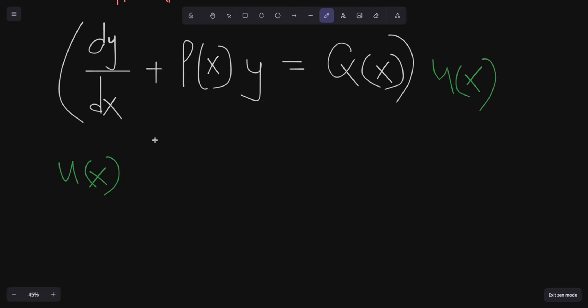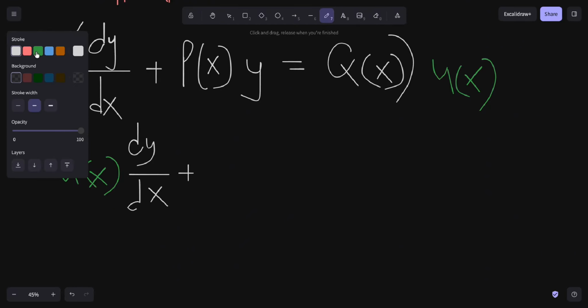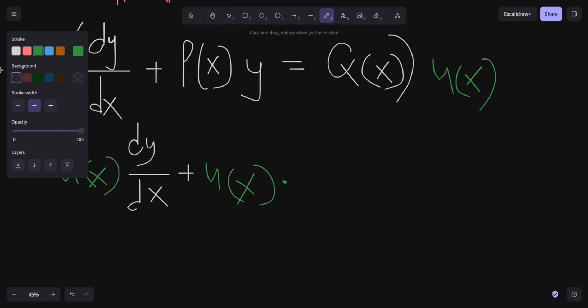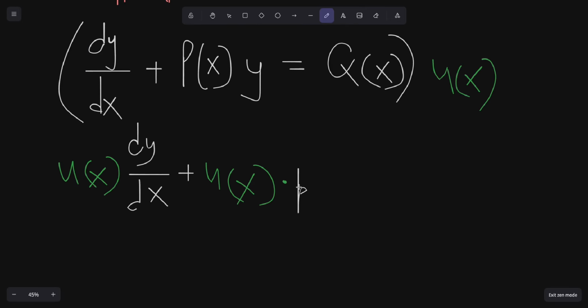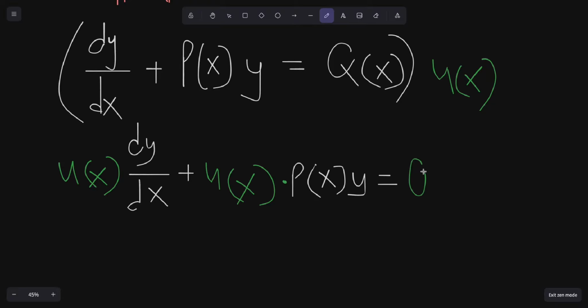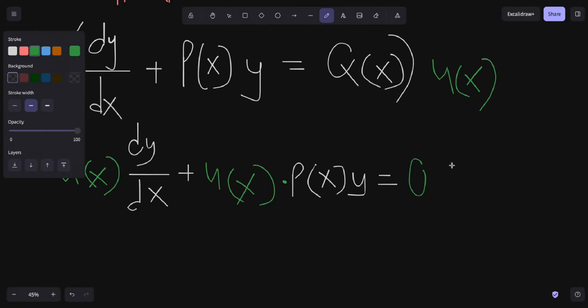Actually, I'll do the regular functions in white because that really emphasizes everything. And it's going to be plus u of x times p of x y is going to be equal to q of x times u of x.